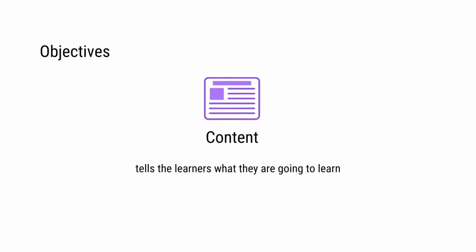Objectives given at the beginning of a unit tell the learners what they are expected to perform, how they are expected to behave at the end of studying the unit. We have the objectives in three different layers. One is the content part, what the learners are expected to learn after they study the unit.